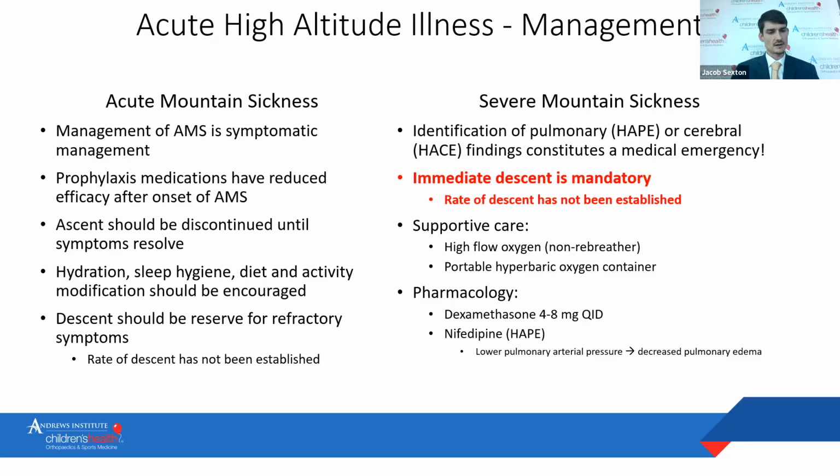By increasing the pressure of the oxygen content, you can help push the pulmonary edema back into the vascular territories. From a pharmacological standpoint, you can consider dexamethasone, 48 milligrams as needed. And then for high altitude pulmonary edema, you can also consider the calcium channel blocker nifedipine, but these will be advanced care treatments once they have been descended and removed from the environment.